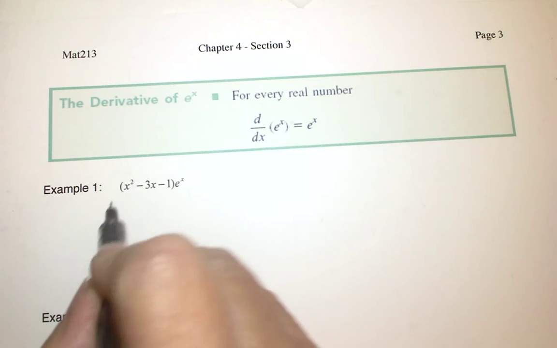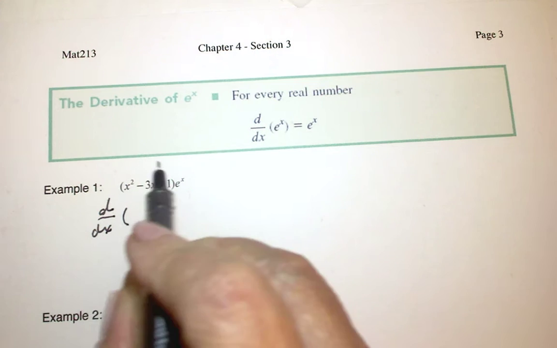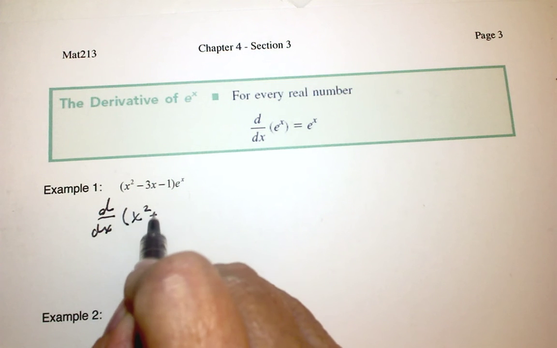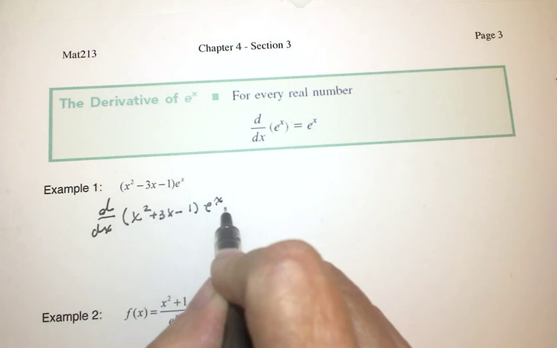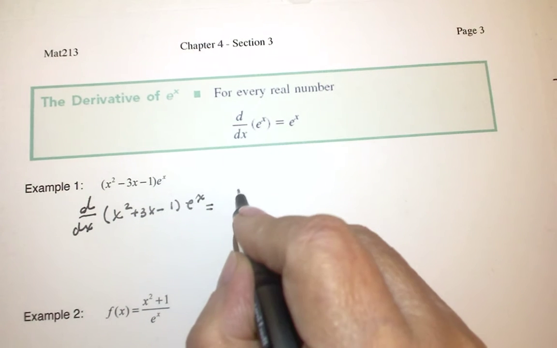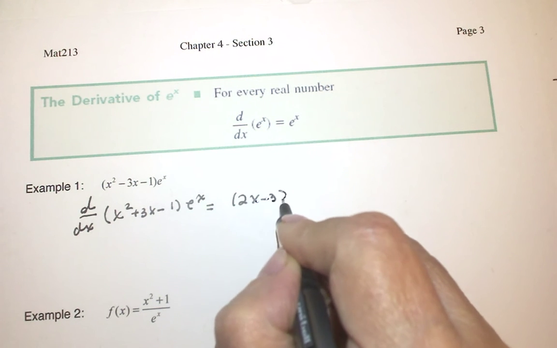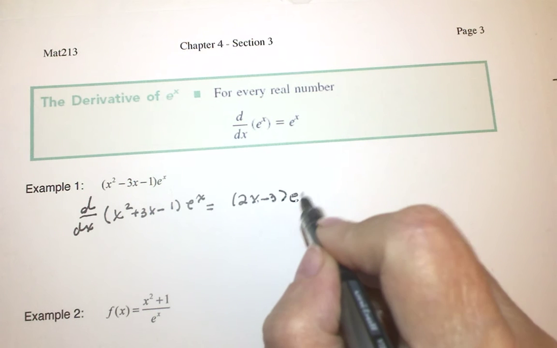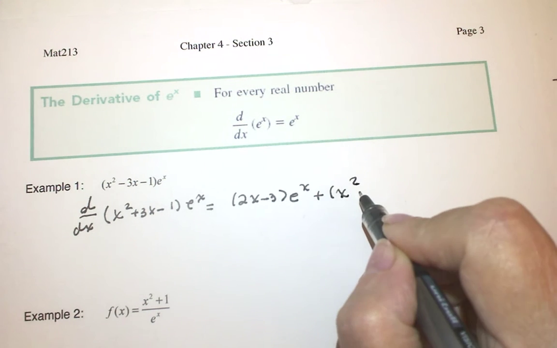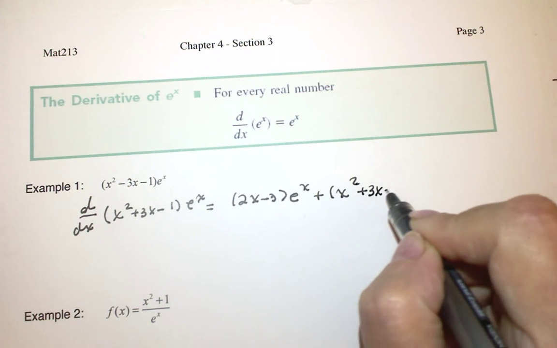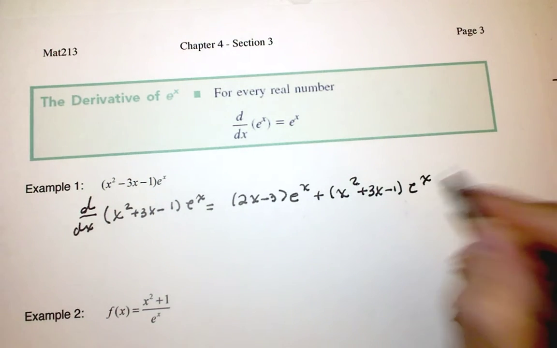So this would say that the derivative with respect to x of x squared plus 3x minus 1 times e to the x is the derivative of the first, 2x minus 3, times the second, plus the first, x squared plus 3x minus 1, times the derivative of e to the x, which is just e to the x.